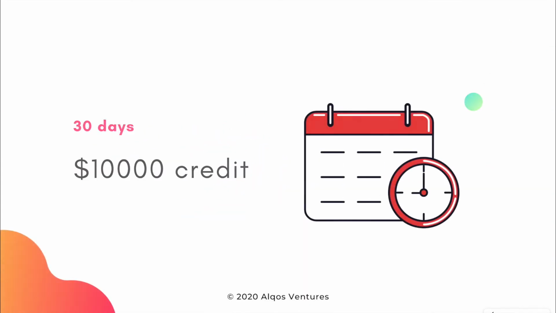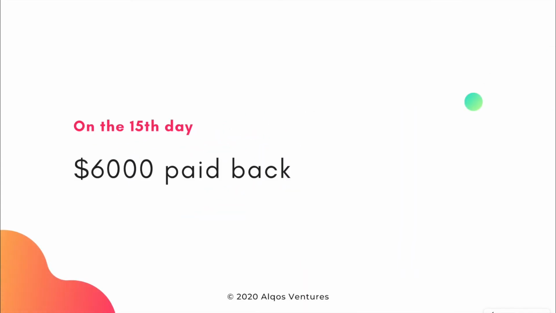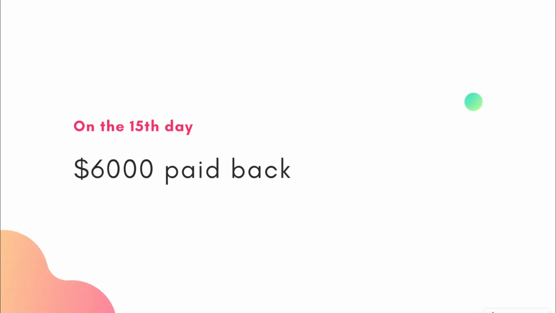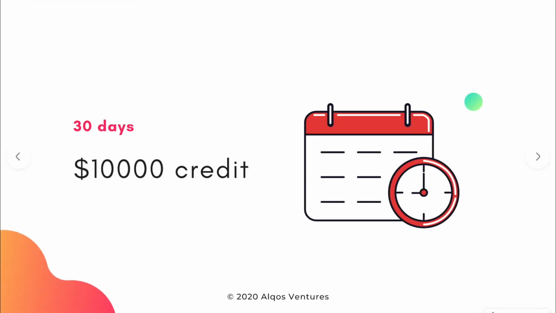So now let's look at a scenario where on the 15th day out of the 30-day cycle, you've actually paid back $6,000, which means for the remaining 15 days of the month, you only have $4,000 borrowed on your credit card. For the first 15 days, your daily rate of 1 point something percent is going to be accrued on the entire 10,000 because that's the total amount.